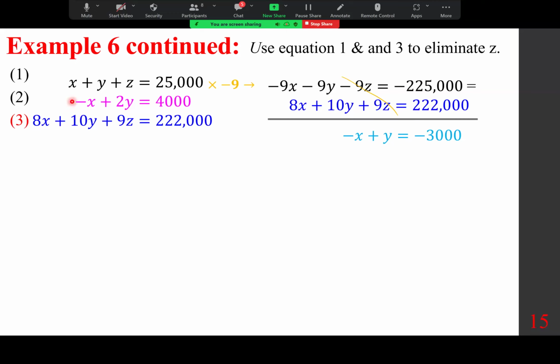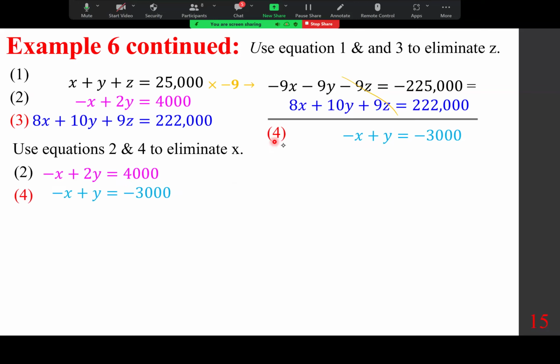Now, equation 2 has two variables, x and y. This new equation, we're going to call it number 4, has two variables. So 2 and 4 go next to each other, and we're going to use the system of equations in two variables to solve. And we're going to eliminate one of the variables because both of them are identical. That would be easy to get rid of x. So you're going to multiply one of these by negative 1. It doesn't matter which one. For example, this one. So it becomes positive x minus 2y minus 4,000. This guy is not changing.